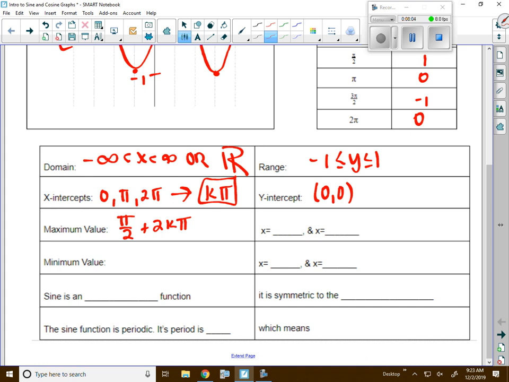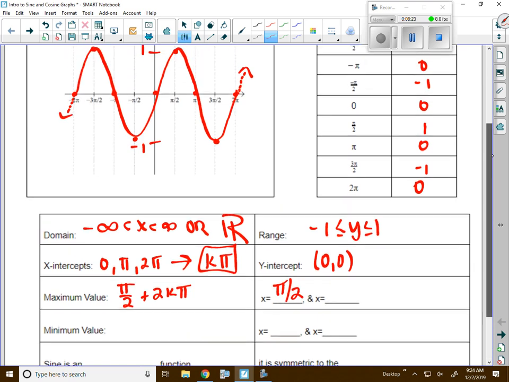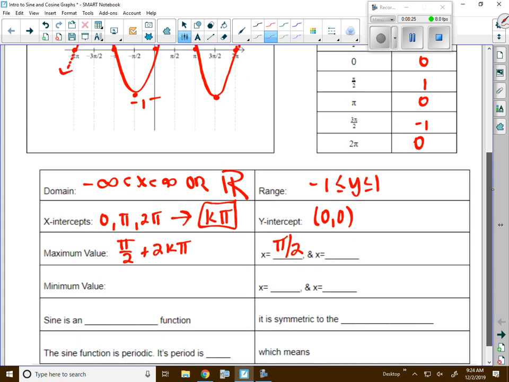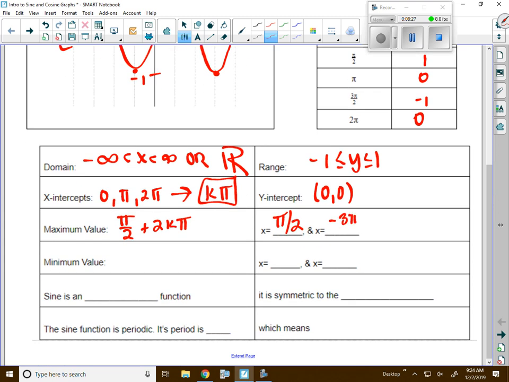You can add 2 pi, but you can also add other pi's to that. That's not something that you need to memorize, so don't worry about that. It's technical. So on our graph right now, we have pi over 2 and negative 3 pi over 2. Those are the two that we visually see.